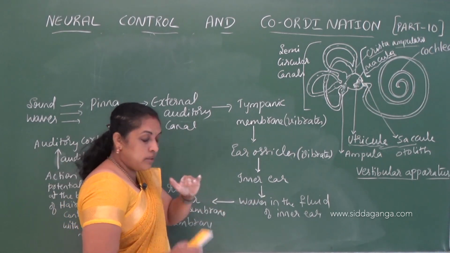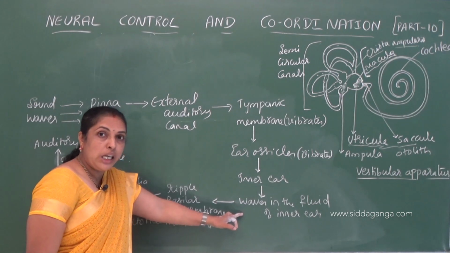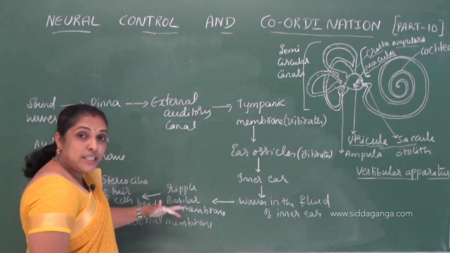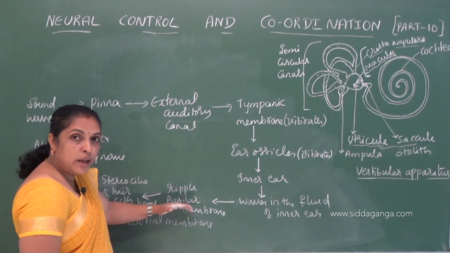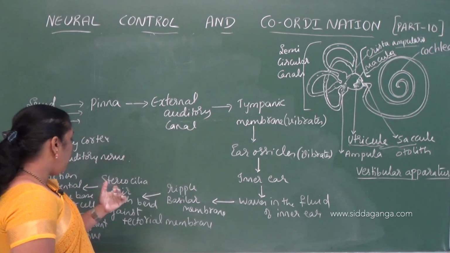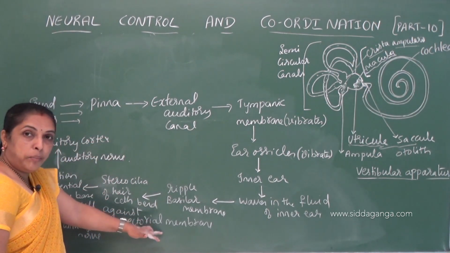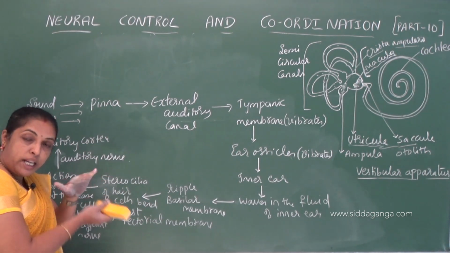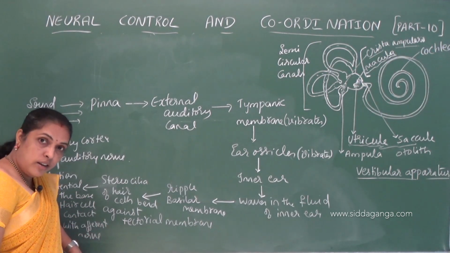will again produce waves in the fluid present in the inner ear that makes the basilar membrane ripple. When the waves ripple the basilar membrane, the hair cells are going to bend against the tectorial membrane. During that time, action potential is generated at the base of the hair cells, which is in contact with the afferent nerve.